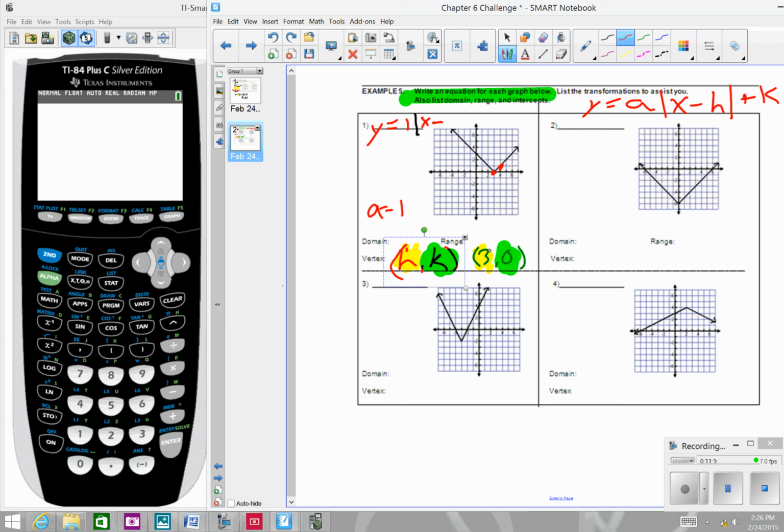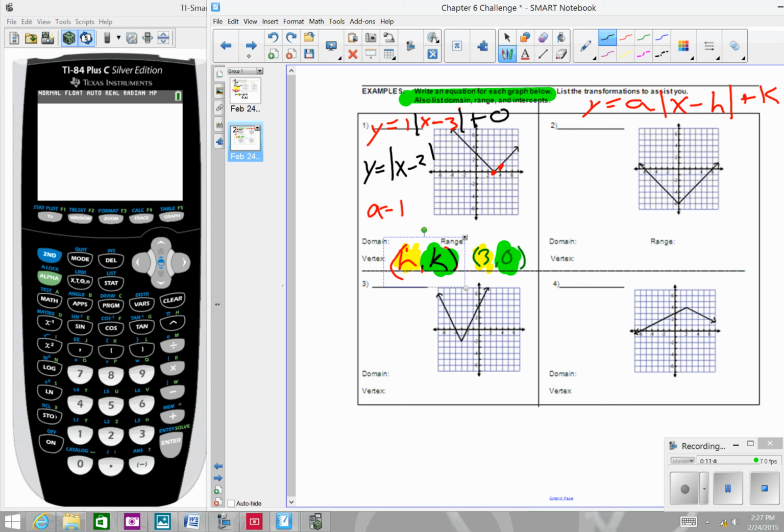My h value is 3. I close my absolute value brackets, and then I'm just going to add my k value, which is 0. I could say plus 0, or I don't even need it. I don't need to write the 1 and I don't need to write the 0. I could if I wanted to, but I don't have to. In this case, y equals the absolute value of x minus 3.